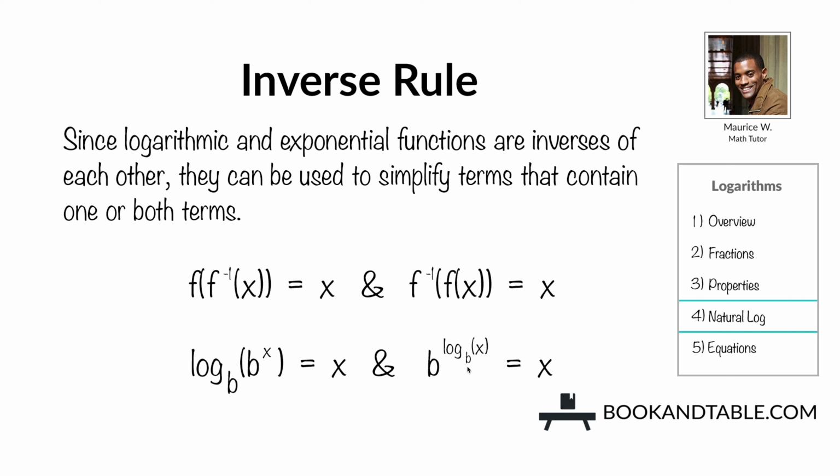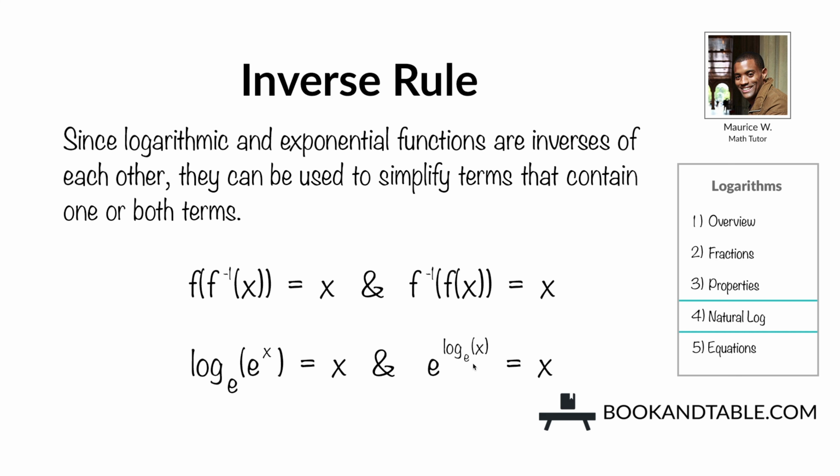So if the base is e instead, the natural logs will cancel out just like regular logarithms. So a log of base e of e to the power of x, the log and this e cancel out, leaving us with the exponent x. And if we have e raised to the power of a log with base e, those cancel out, leaving us with x here.